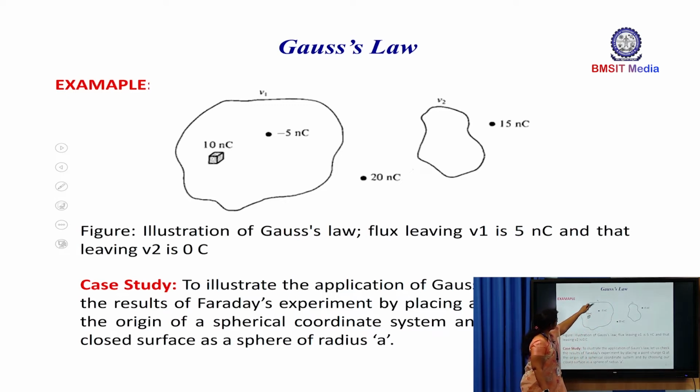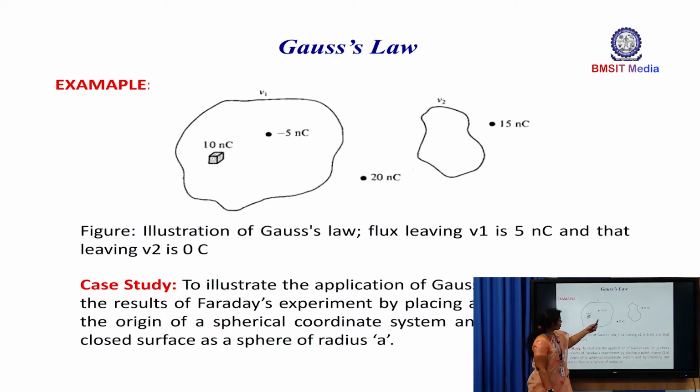When we consider V1, the net flux leaving the V1 surface is, you have 2 charges inside V1, that is 10 nanocoulombs and minus 5 nanocoulombs. So, the net flux leaving V1 after applying the Gauss law will be 5 nanocoulombs.